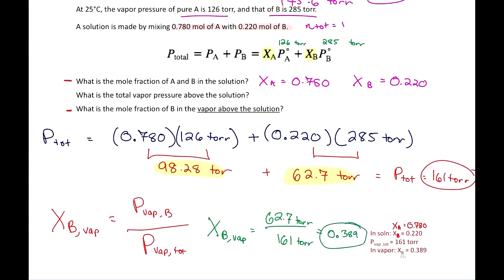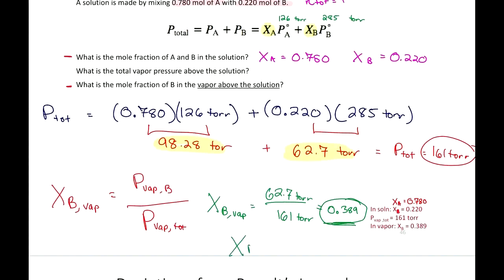So we get a different number here: more of the particles of B are actually present in the vapor phase than in the liquid phase. So the composition in the liquid and the vapor are, in fact, different because these two liquids have different vapor pressures. All right, just for completeness, what would the mole fraction of A be in the vapor phase?